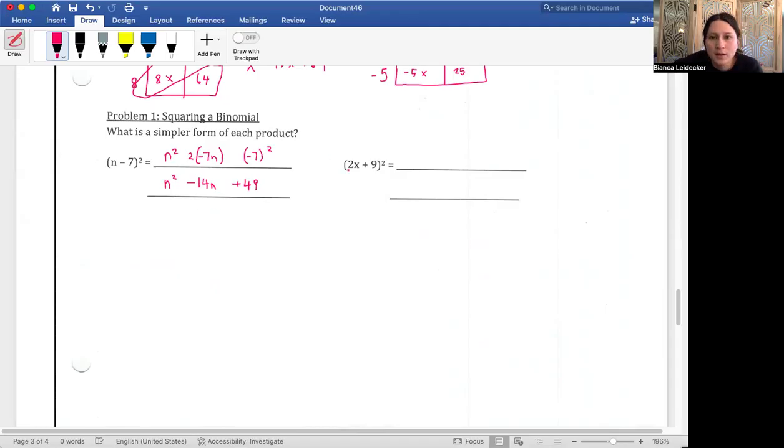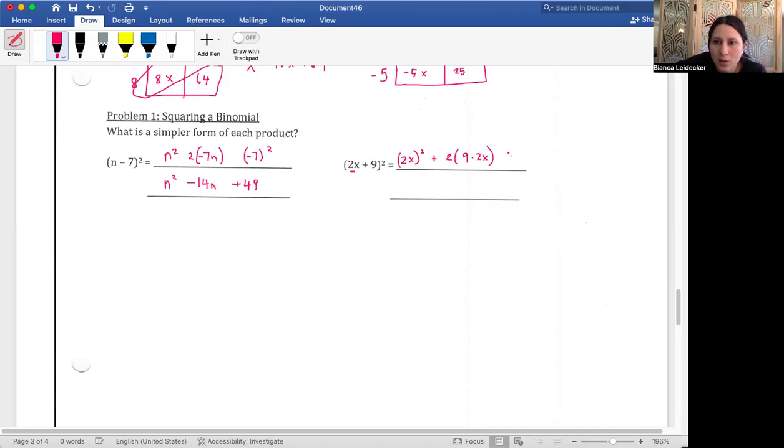What if I have a number and a term over here? So it would be first term squared plus, not the sum of the two, the product of the two. So 9 times 2 is 18, so it'd be 2 times 9 times 2x, all right?